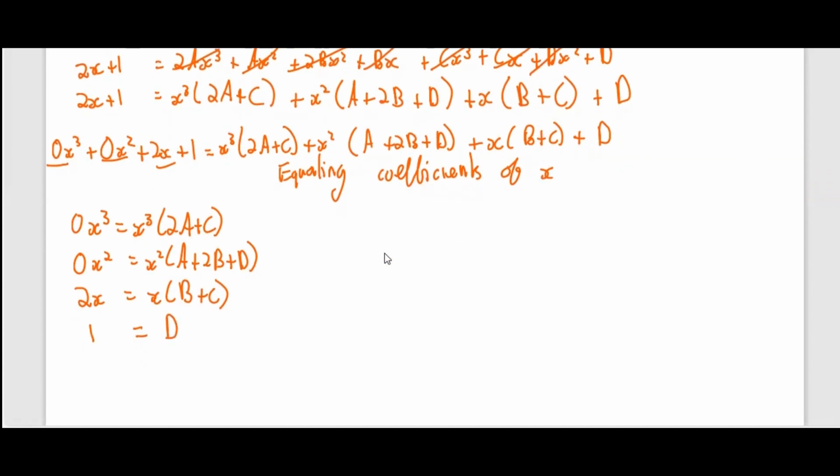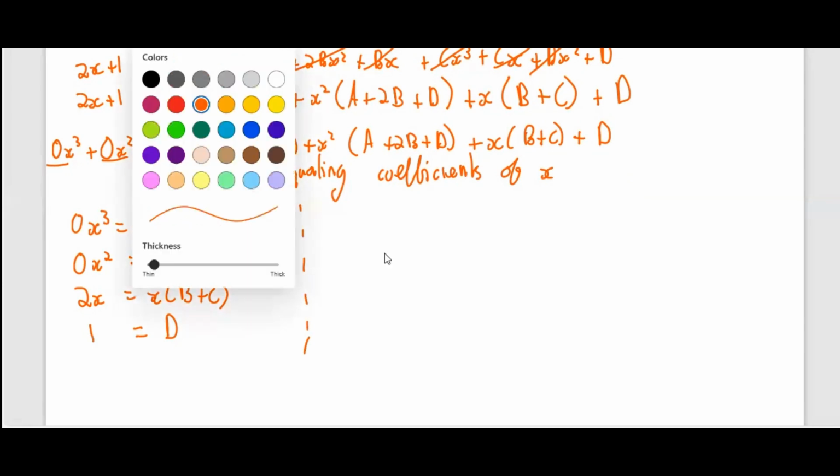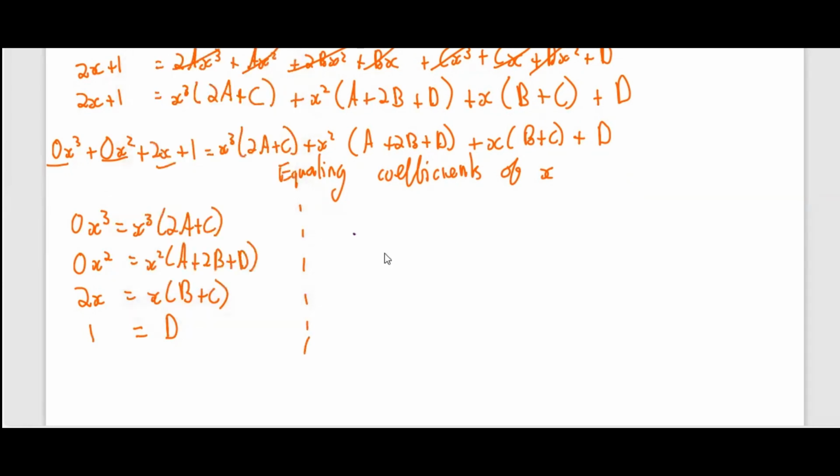Yeah, so now we can rewrite these equations because we're trying to form equations to solve simultaneously, right? So for this one here, cancel the x cubed, so it'll be 2a plus c is equal to 0. For this one, it will be a plus 2b plus d, and that is equal to 0.